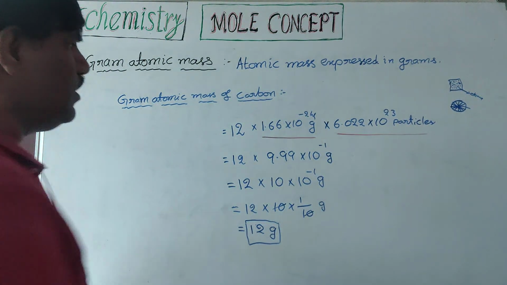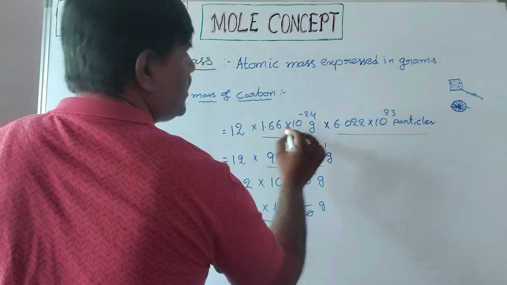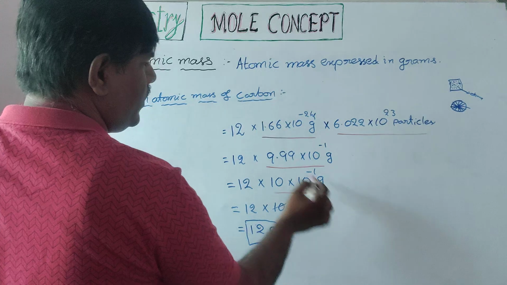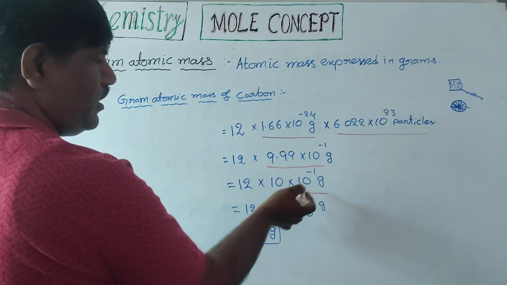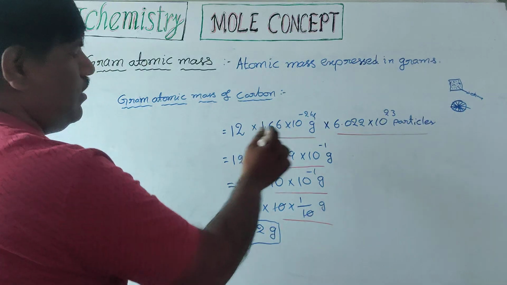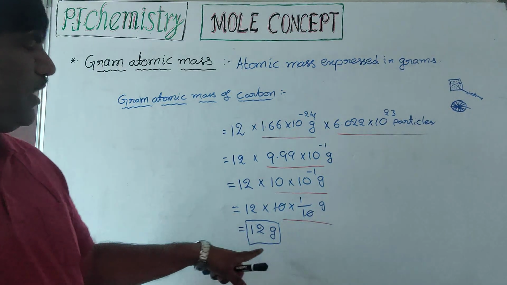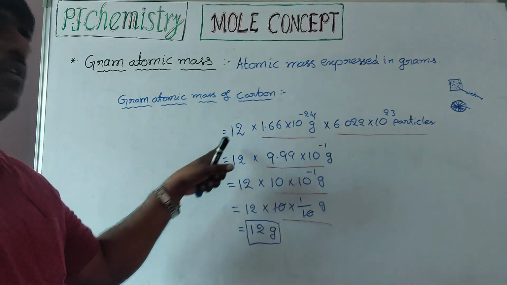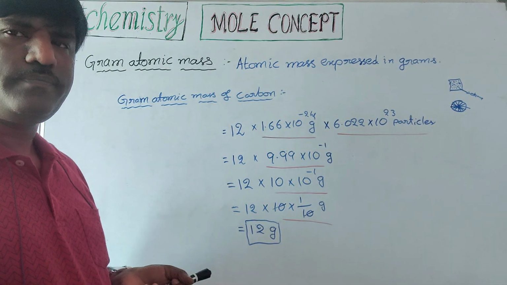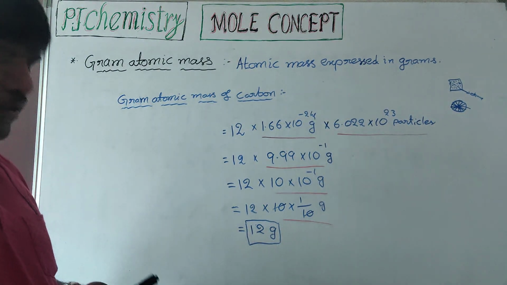Here it will change, but this part is common. This multiplication gives 9.99, which is nothing but 10 into 10 power minus 1. The 10s get cancelled. Finally, grams remain, that gram into this particular atomic mass. I hope you understand.